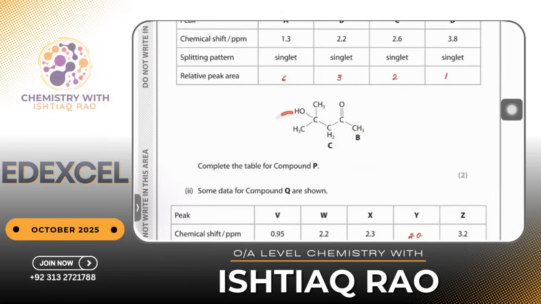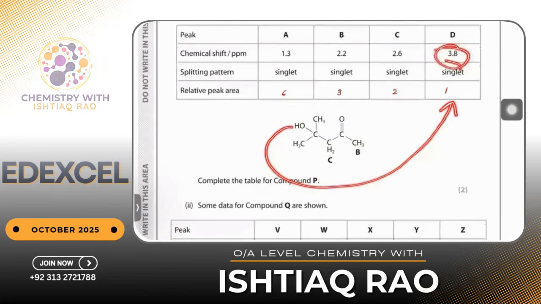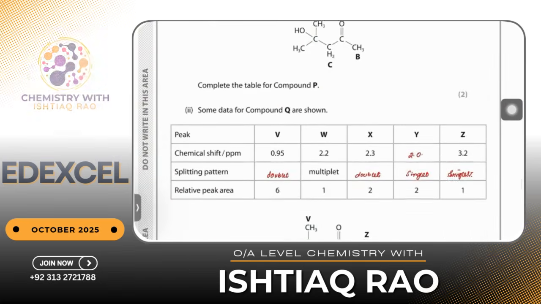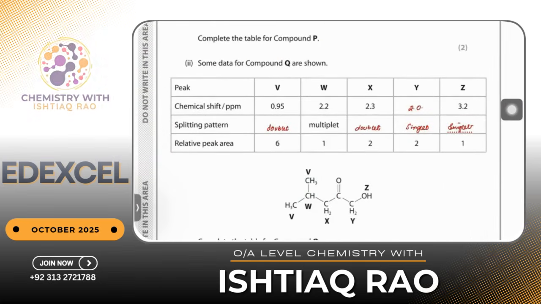So the OH would be a singlet. It's going to be 3.8. It has a higher shift because this is an alcohol group. The chemical shift for these two CH3s is lower, that is 1.3.